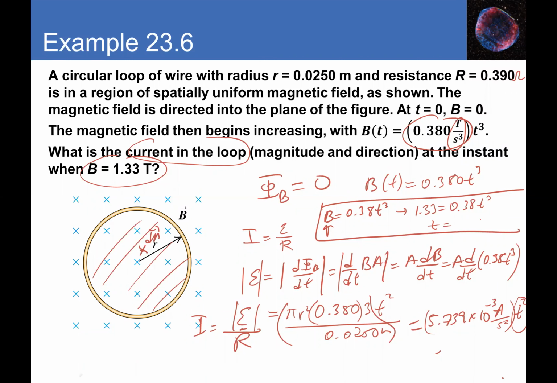Divide those and then take the cube root. I get 1.518 seconds. That means when time equals 1.518 seconds, my magnetic field is 1.33.